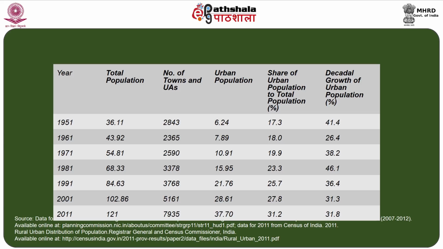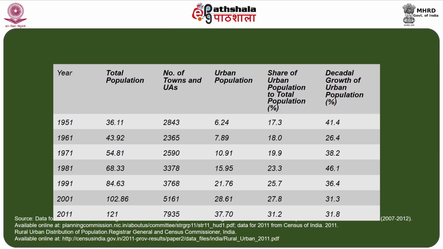If you look at the data, the 2001 census indicated a number of towns and urban agglomerations to the extent of 2,843. In 2011, it increased steadily to 7,935 urban centers, which clearly indicates that more urban growth is happening and settlements are coming up, which indicates that our urbanization is a positive sign of development.